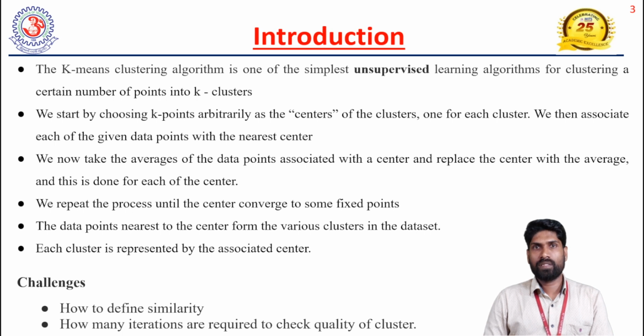And in this case, we are choosing that K value arbitrarily. K in the sense, the number of clusters. Suppose we have 50 students in the class, we will make them into three clusters, maybe highly performing students, average students, and below average students.